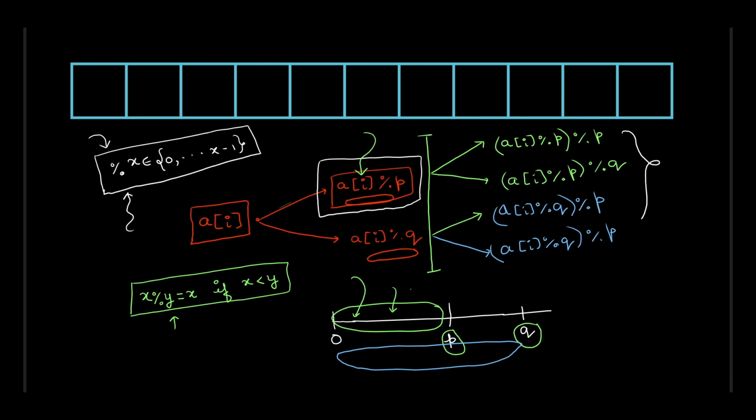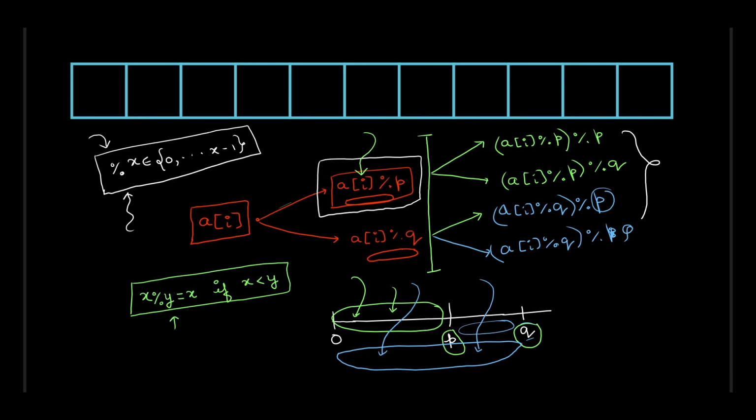Either it lands in this area on the left-hand side of P, or it lands on this blue bucket, which is in between P and Q. If it lands in the bucket on the left-hand side of P, then you know that taking the modulo again with P is a no-op. But taking the modulo with Q is also a no-op. Why? Because this entire result is strictly less than Q, right?